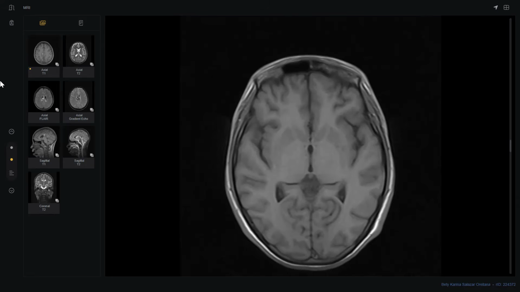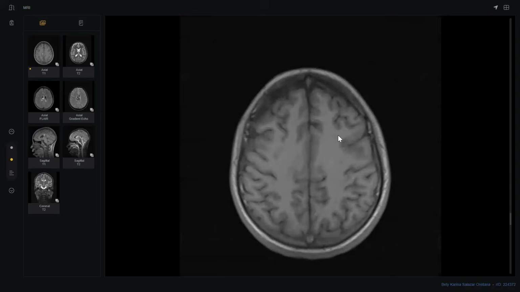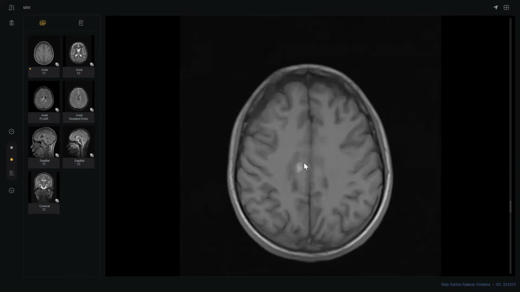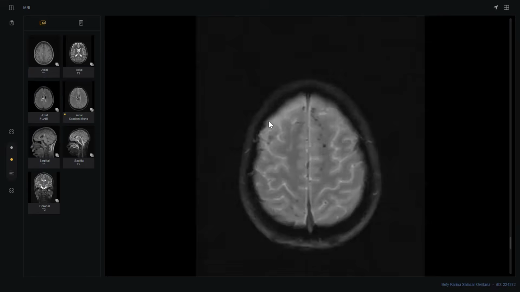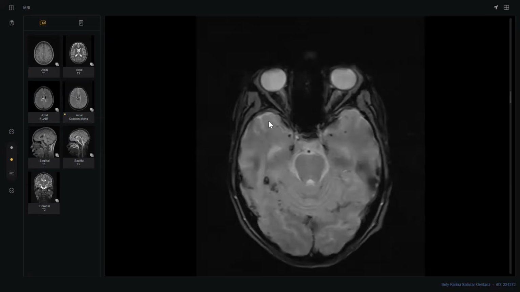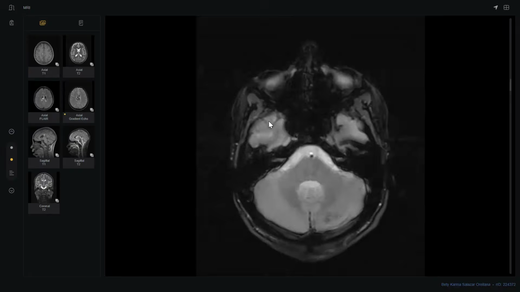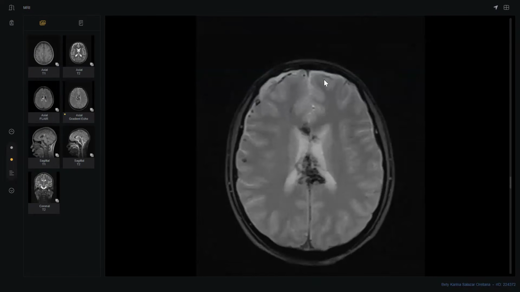Here the distribution is mainly at the corticomedullary junction and corpus callosum, or the brainstem. It is best to be detected either by gradient or SWI. You forget these collections.